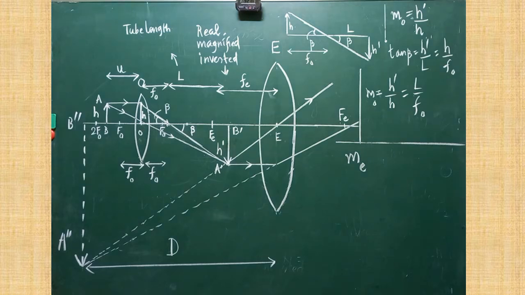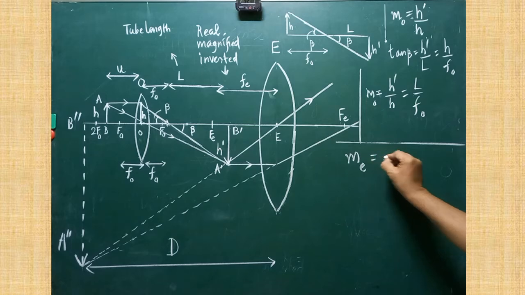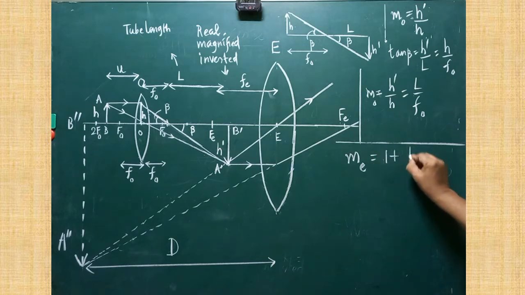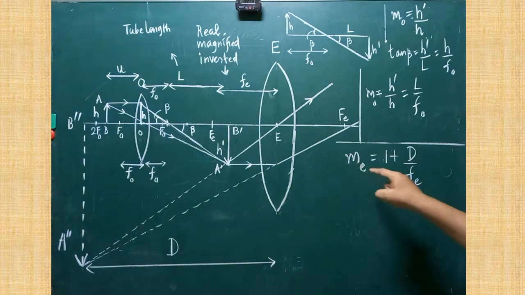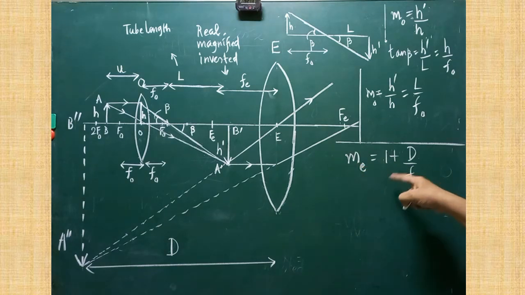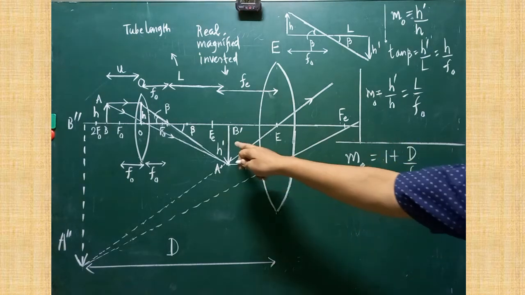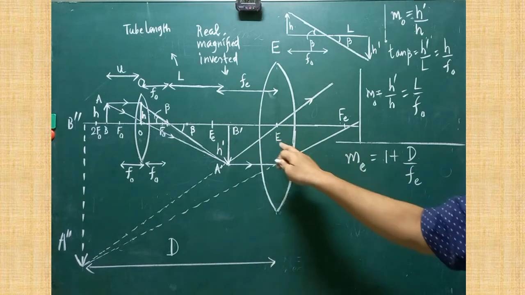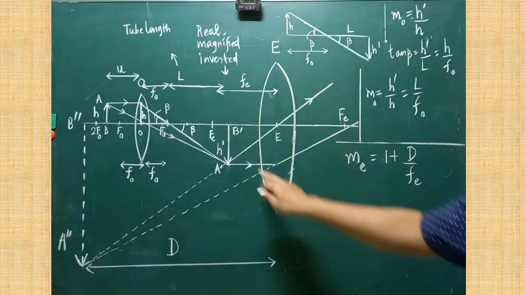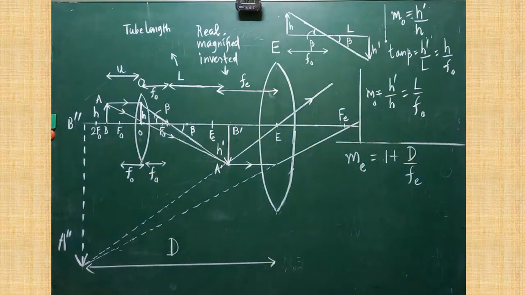That's why this is called near point focusing. So ME is equal to 1 plus D by FE. So this is the magnification formula which is produced by eyepiece. Already you have learned the same concept in simple microscope. Now this image acts as an object for this eyepiece, and this one is to be treated as a simple microscope. From there we have got this formula. Are you clear?